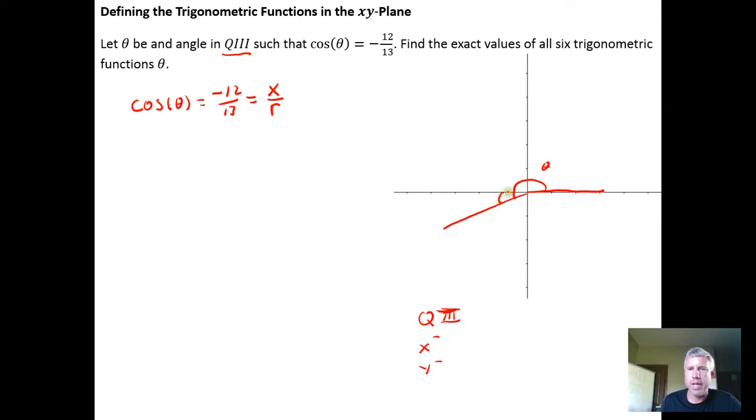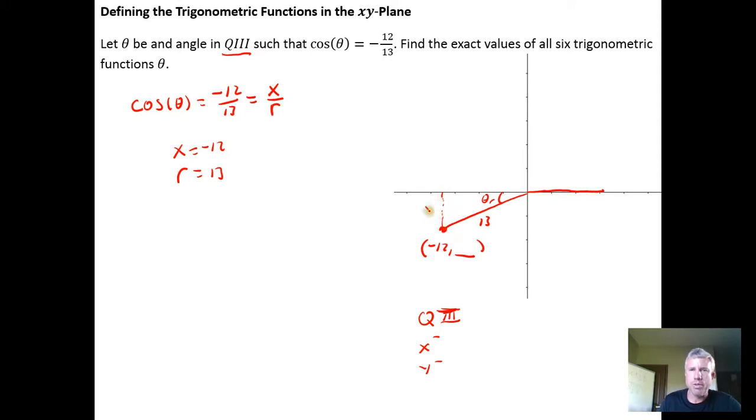There's a reference angle associated with theta. We're going to have an x and y coordinate that we're working with in quadrant 3. And just looking at this, I know x is negative. So from here I can see that x will be the negative 12 in the numerator. The radius is always positive, so we know this has length 13. We know the x-coordinate is 12. We don't know the y-coordinate.